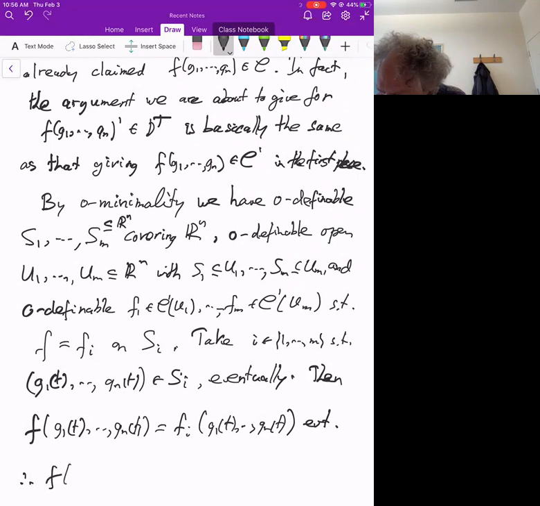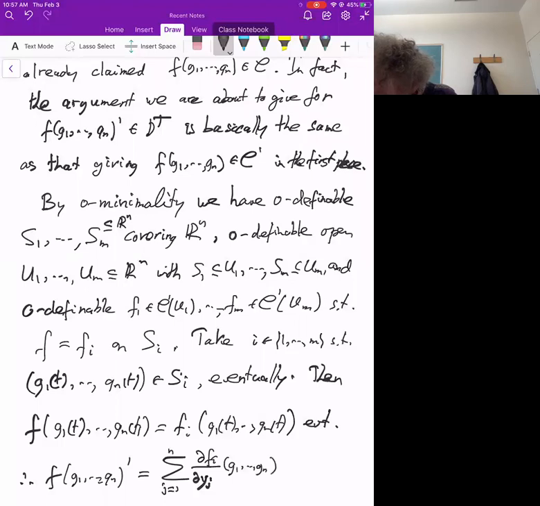The derivative of Fi(G1, ..., Gn) is, well, then the chain rule, the sum over j from 1 to n of partial Fi partial yj of G1 to Gn times Gj prime.